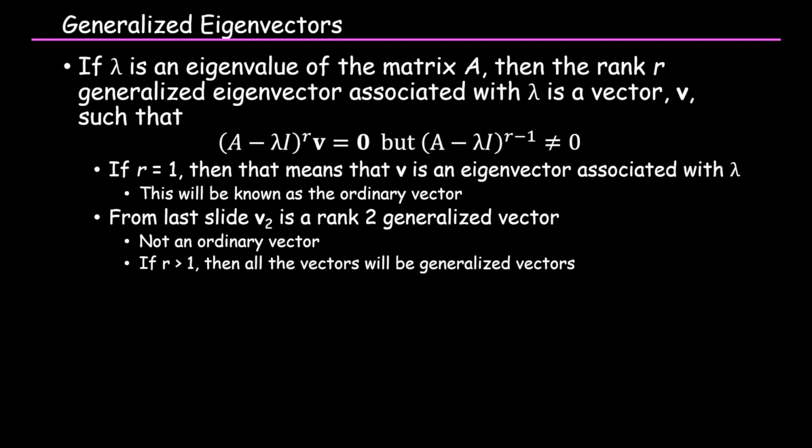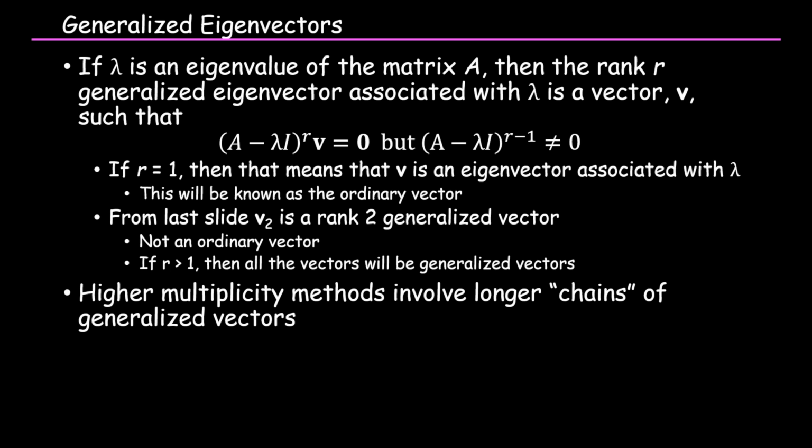So a quick note is that all ordinary eigenvectors are generalized eigenvectors, but not all generalized eigenvectors are ordinary eigenvectors. And so higher multiplicity methods involve longer chains of generalized vectors.